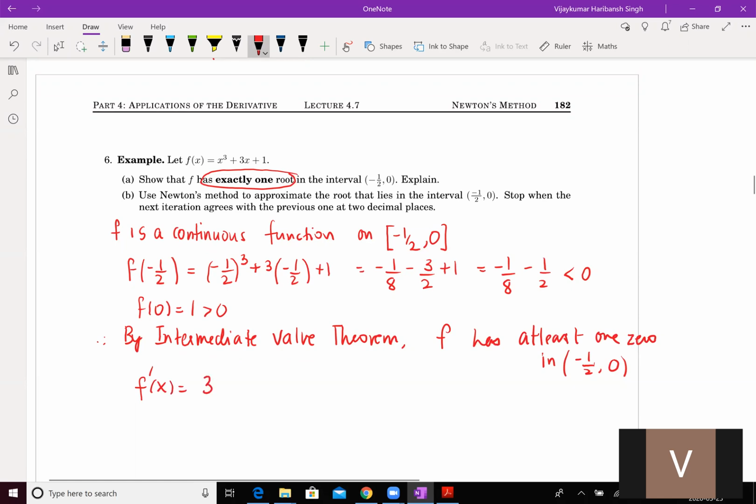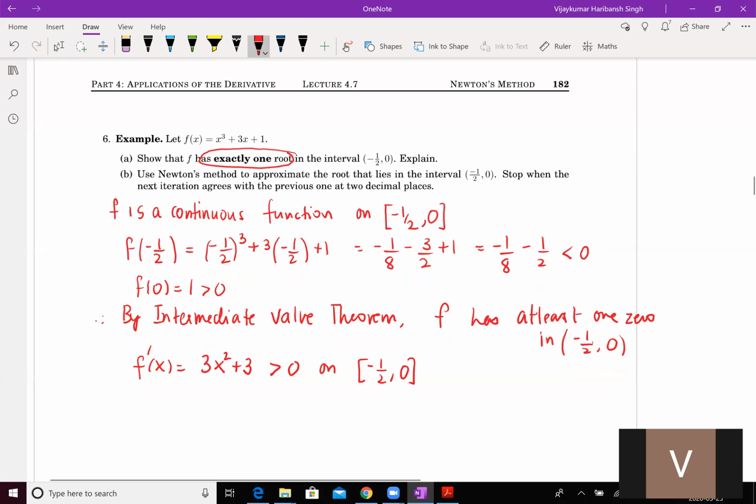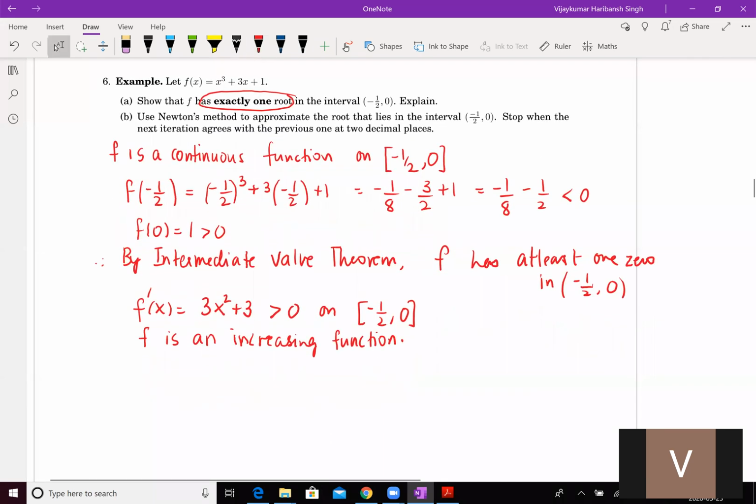If you look at the derivative, it's 3x squared plus 3, and that is greater than 0 on minus half to 0. Right? It's actually greater than 0 everywhere, but particularly it's greater than 0 on minus half to 0. What does it mean? It means that f is an increasing function. f is an increasing function, therefore what?